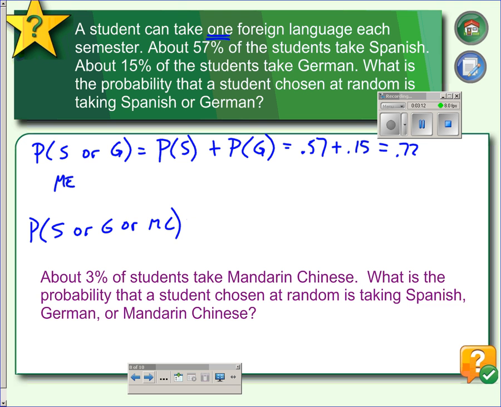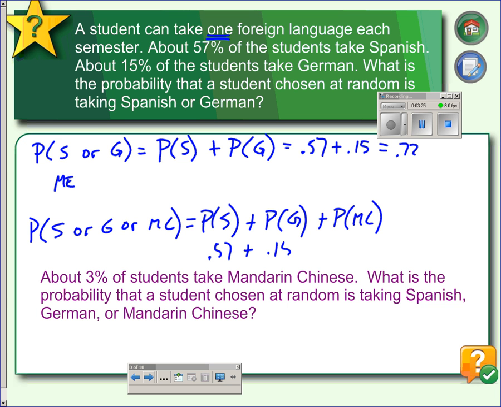Since they're ORs, we're just going to add them together. Probability of Spanish plus probability of German plus probability of Mandarin Chinese. So that'd be 0.57 plus 0.15 plus 0.03, which would give us 0.75. So these are all mutually exclusive.